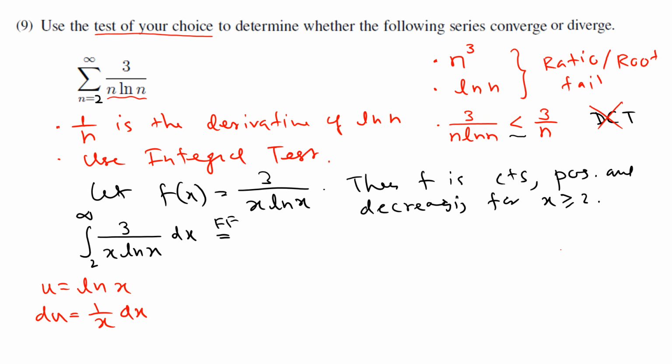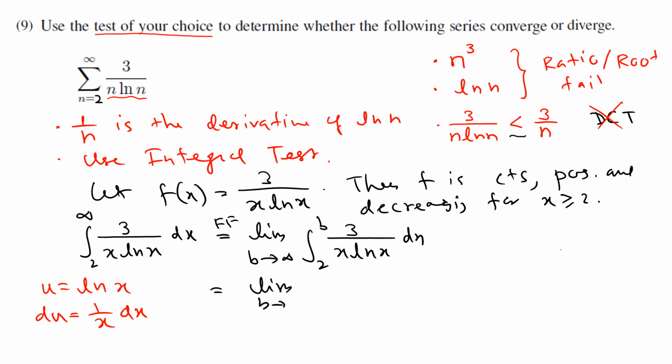Because it's an improper integral, let's write the definition. So this is the limit as b goes to infinity of the integral from 2 to b of 3 over x ln x dx. But this is a very easy integral. So it's the limit as b goes to infinity of, you can see this is simply ln, because you treat this one just as x, like 1 over x, so it's ln ln x, evaluated from 2 to b.